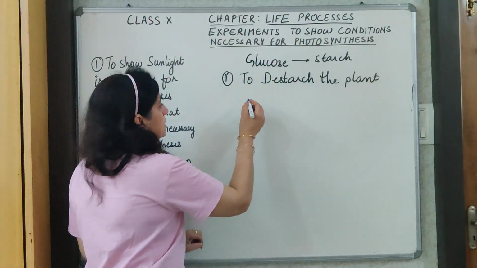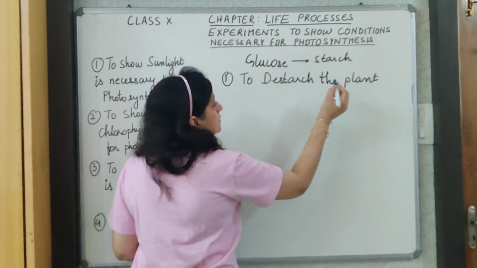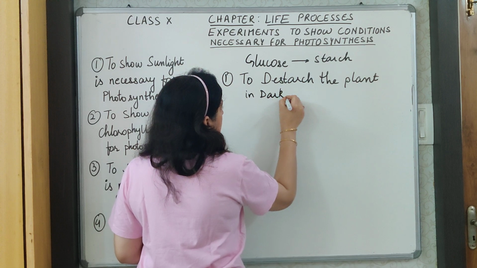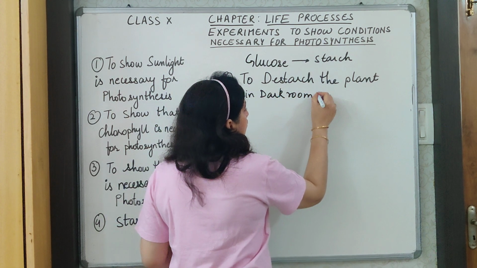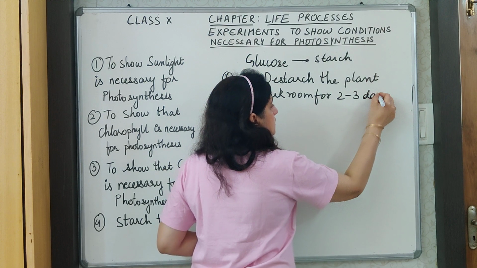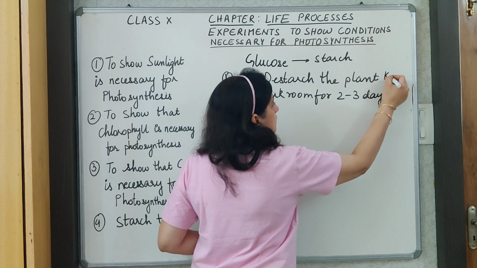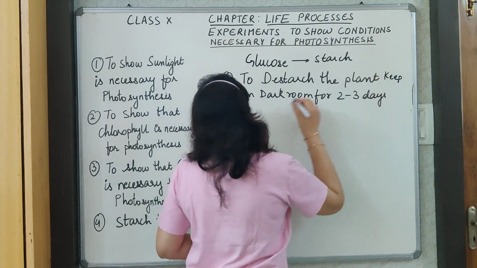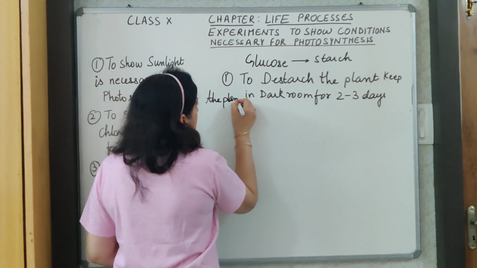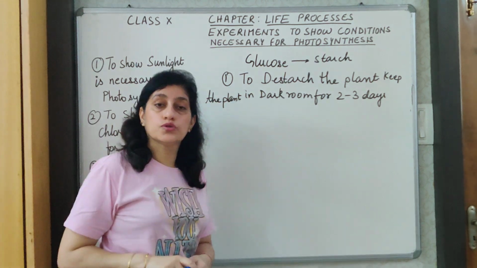This is done by keeping the plant in a dark room for 2 to 3 days.